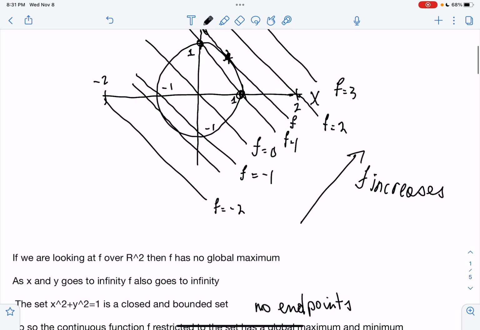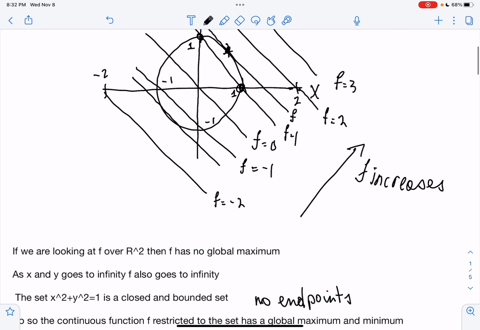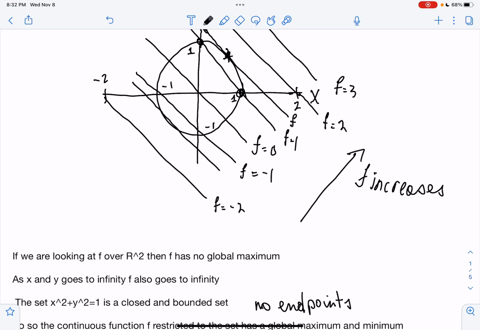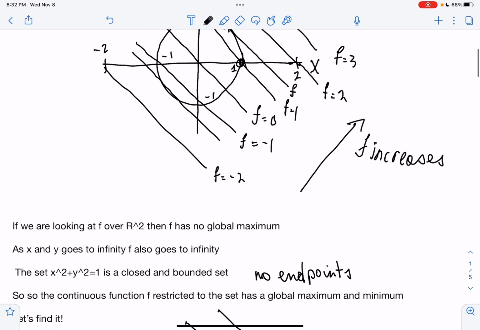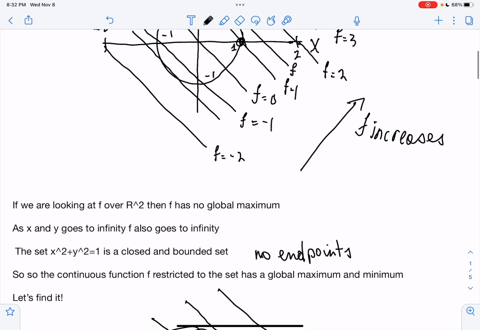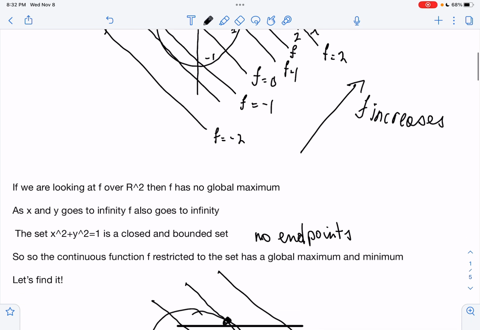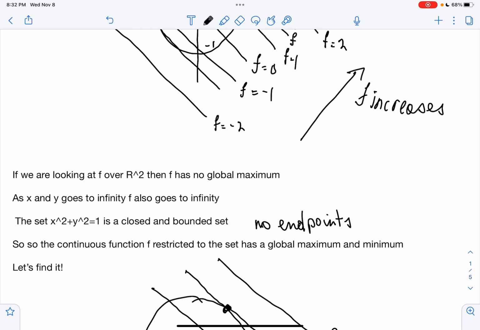So there's really nothing to check. That leads us to conclude that the circle is a closed set. And then because it's a closed and bounded set, the continuous function f will have a global maximum and minimum. That was our big theorem.